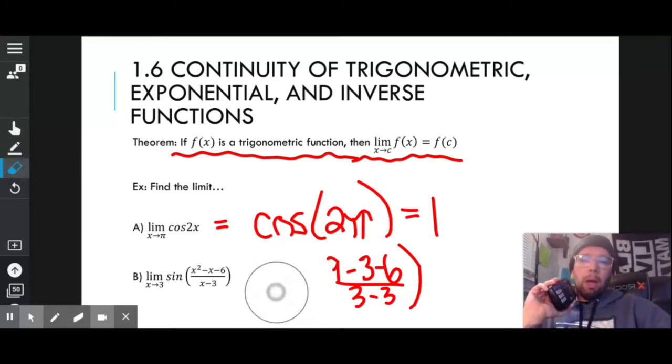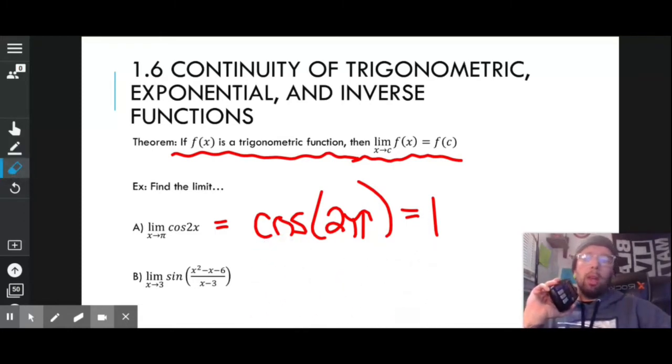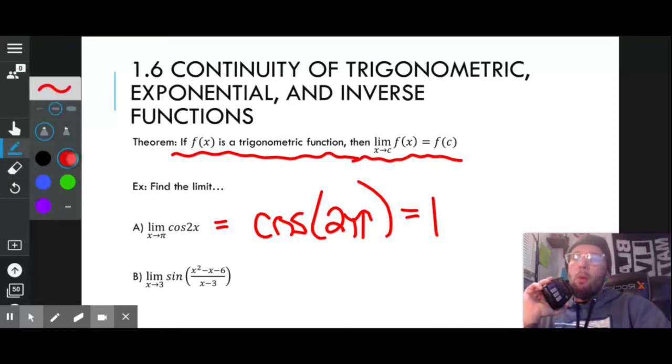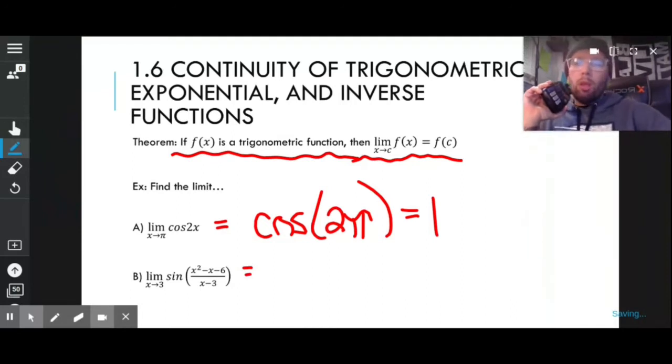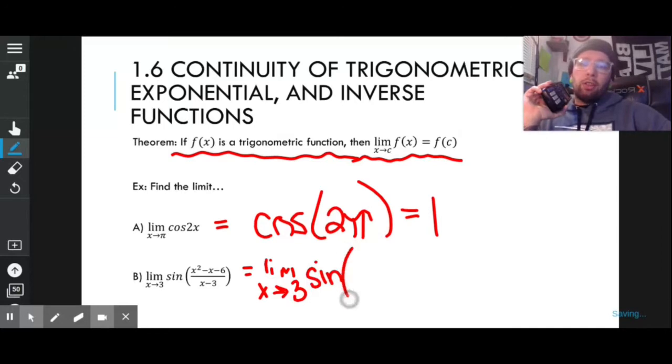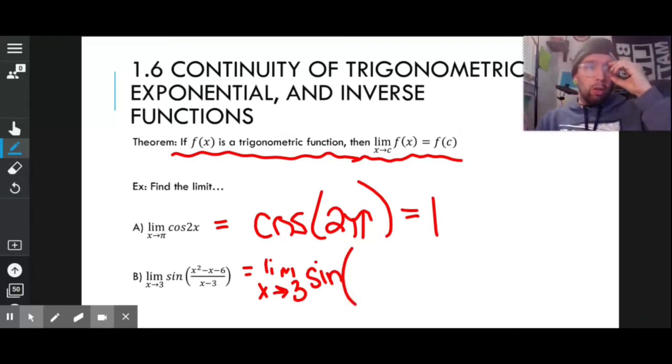Well, let's backtrack. You're right, we can't do that. But you know what we can do? We can remind ourselves that if I plug in a limit and I get 0 over 0, then what I can do is factor out the top, and if I have to, the bottom, and see if anything goes away, see if anything crosses out.